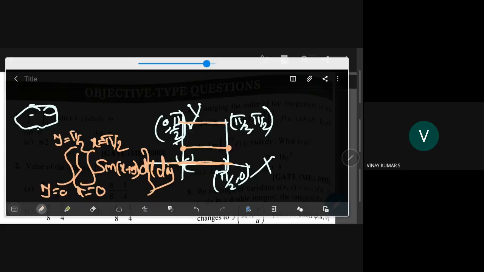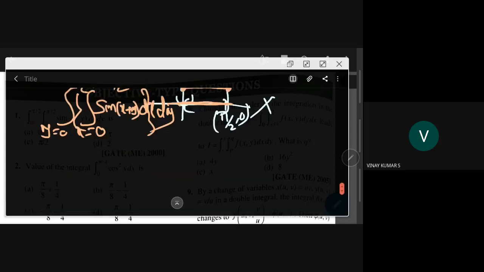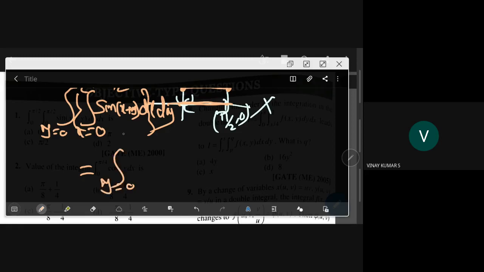So if we solve this, what we are getting is the integral from y equal to 0 to y equal to pi by 2. The integral of sin(x + y) is minus cos(x + y).